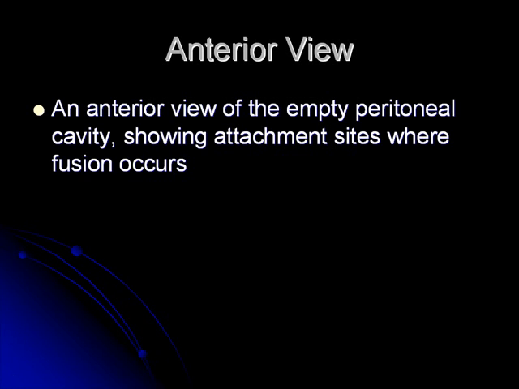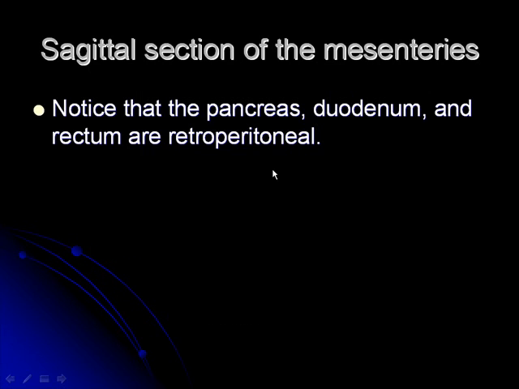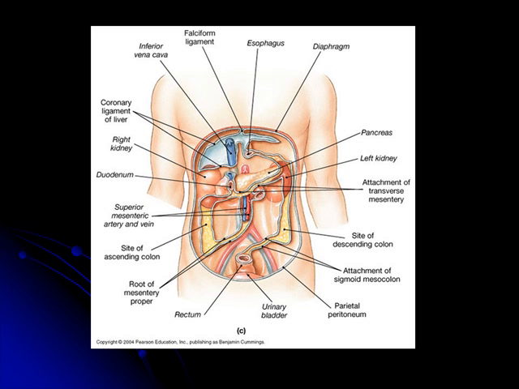The anterior view of an empty peritoneal cavity shows the attachment sites or fusion, as this was demonstrated in the previous slide and in this illustration, which again is taken from your textbook. In other sections, sagittal sections specifically of the mesentery, you can see where the pancreas and the duodenum and the retroperitoneal structures are located.